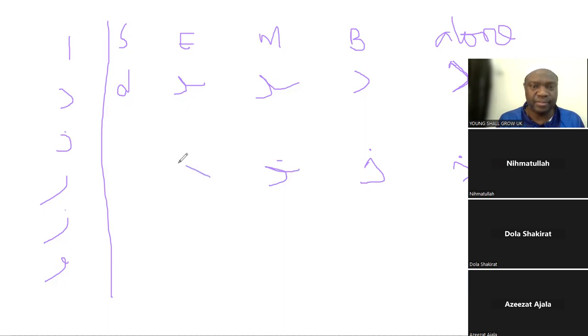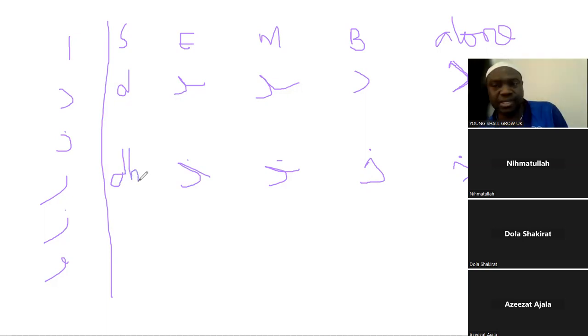This time around, we have D and H together, which you can't find in English letters. So this is Dal, and this is Dhal.